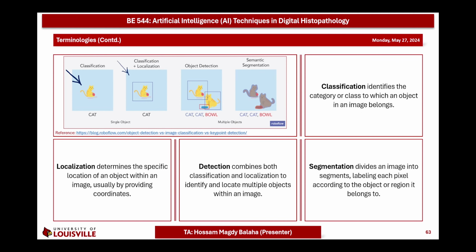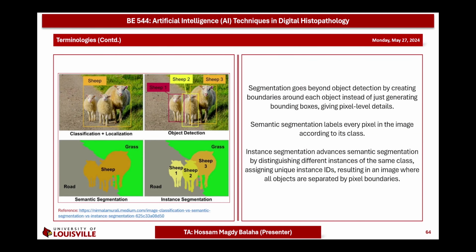If you see the difference between object detection in the third figure and segmentation in the fourth figure, you will find that detection only sets a boundary to the object, while segmentation extracts the exact object from the image. So segmentation goes beyond object detection. This is done by creating boundaries around each object instead of just introducing bounding boxes.